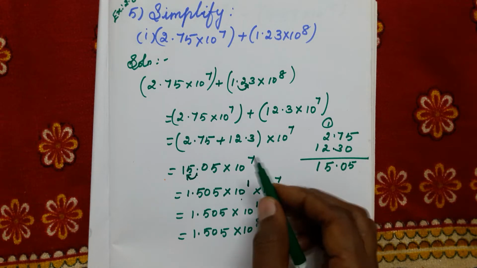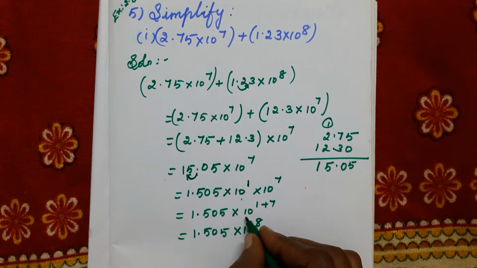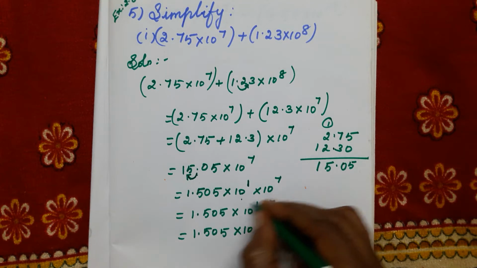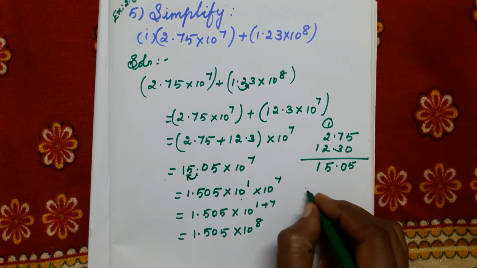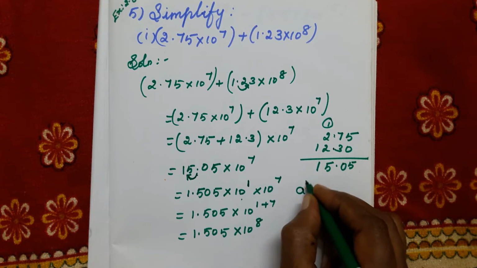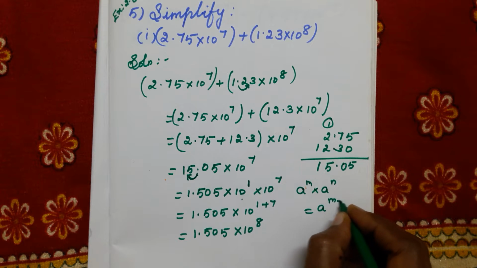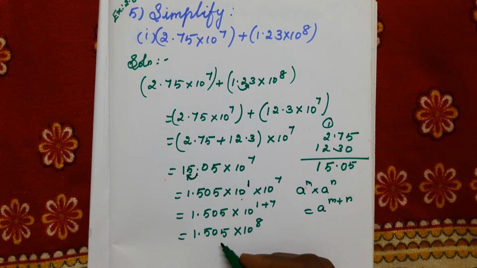The same 10 power 7. So 1.505 into 10 power 1 plus 7. Here I have used the property a power m into a power n is equal to a power m plus n. So it is 1.505 into 10 power 8, which is the answer.